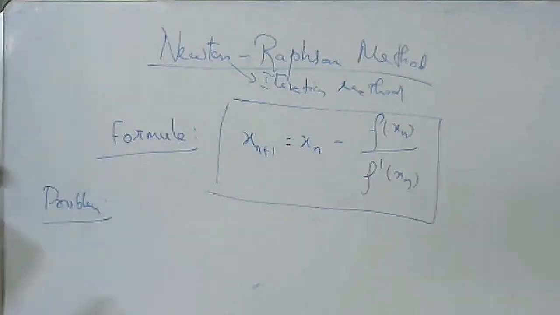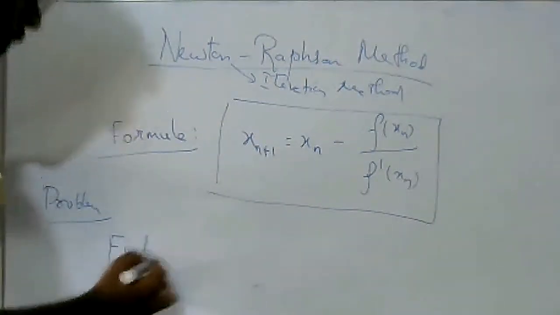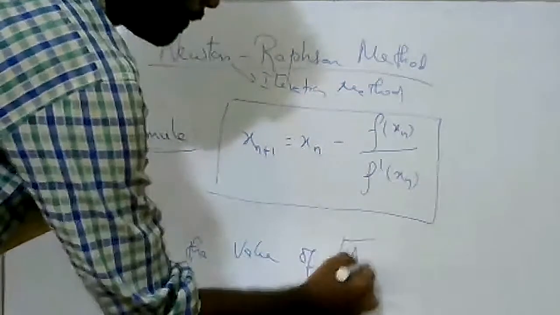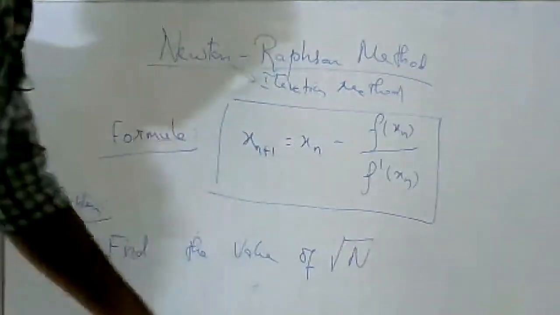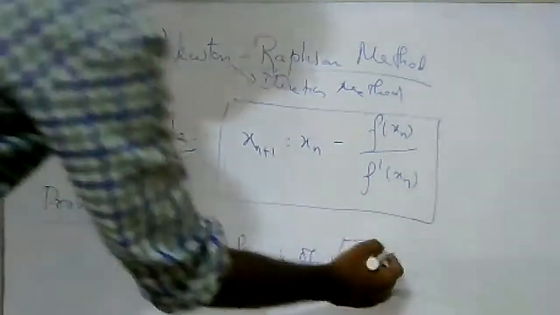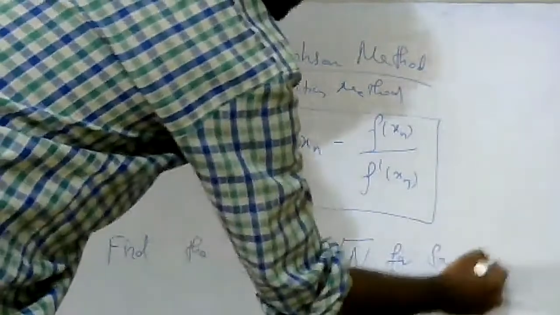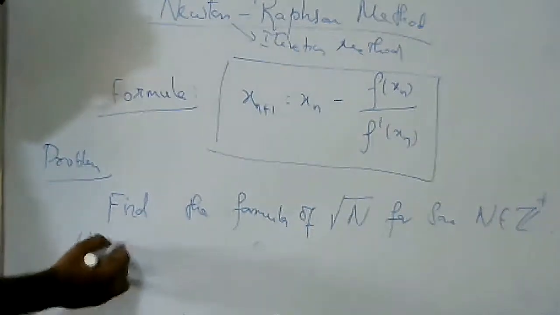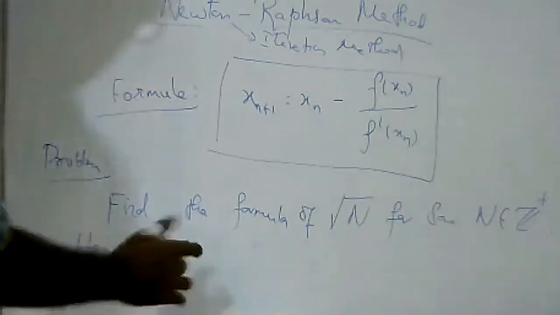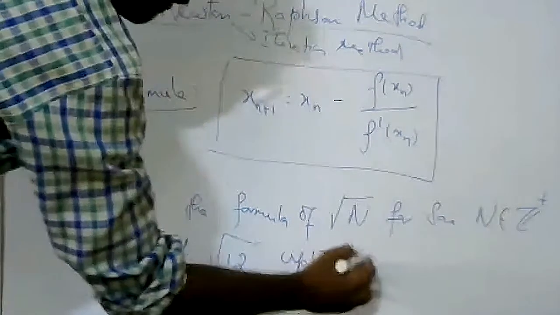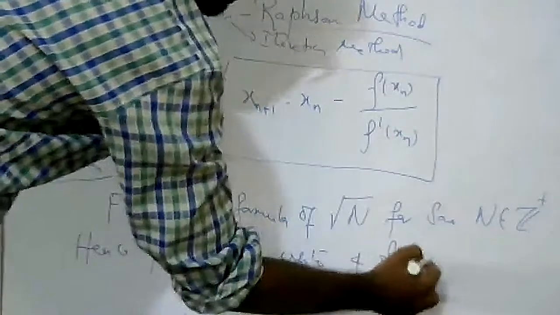Problem: find an iterative formula for the root of n, for some n belonging to the positive integers, Z plus. Hence, find the root value of 12 up to 4 decimal places.